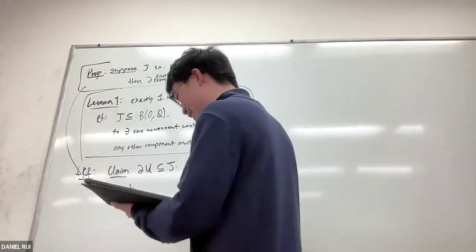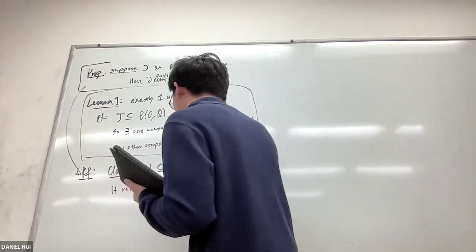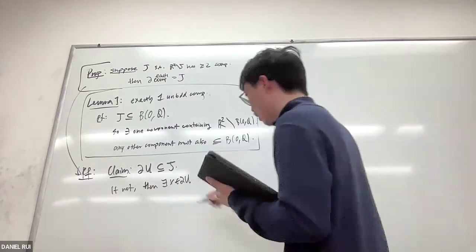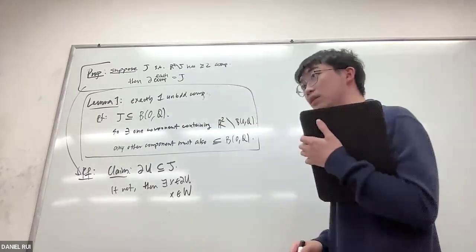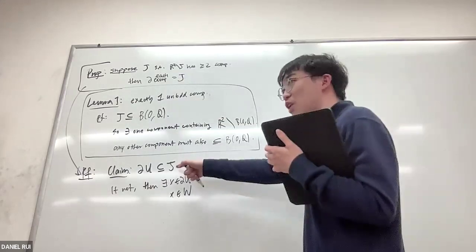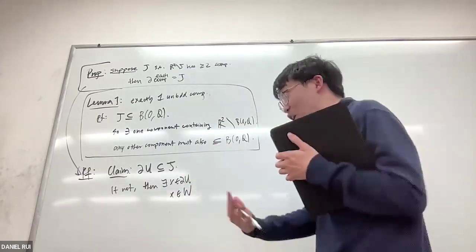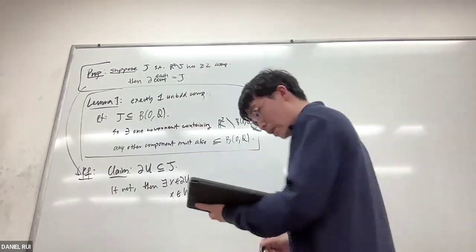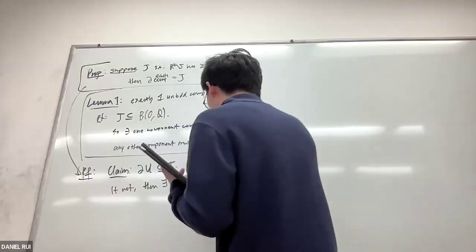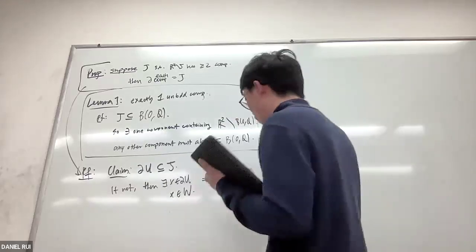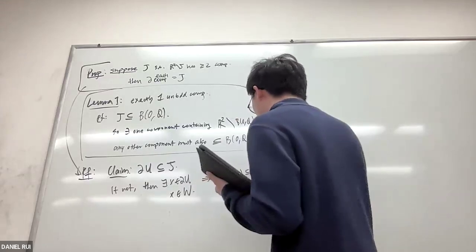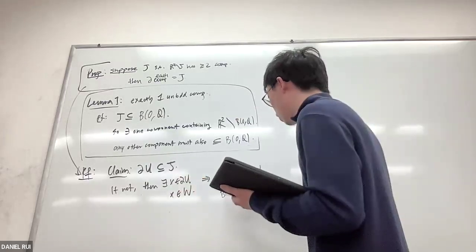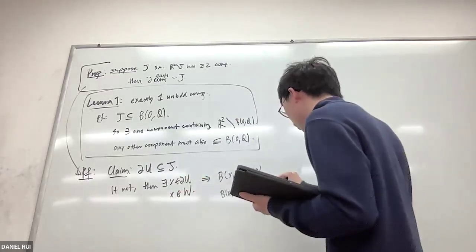No qualms. If not, then there exists X in the boundary and X in some other component W. Because if it's not in J, then it has to be in the complement of J, but the complement of J is just a bunch of components, so it must be in some component W. But then W is open, and so I have the ball B(X, epsilon) in W. But this is an open set around a boundary point, and so B(X, epsilon) intersects U non-trivially.